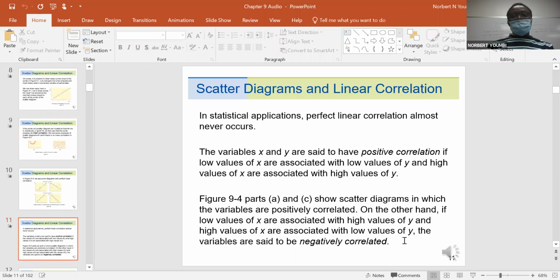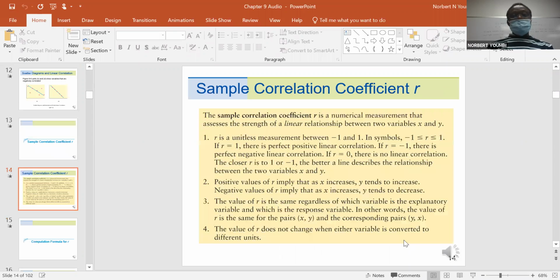So I will move to the next topic before we go back to Excel to discuss what we call the correlation coefficient.